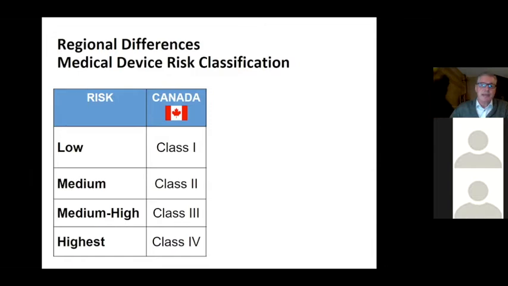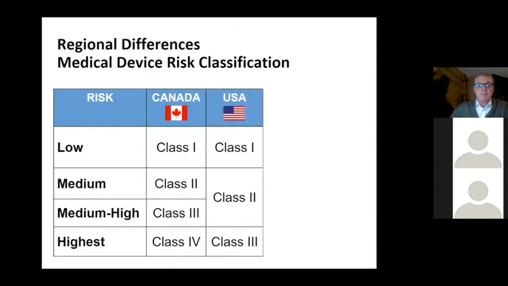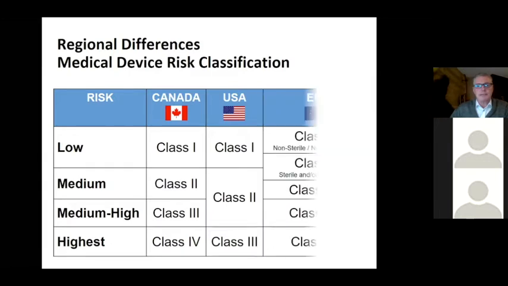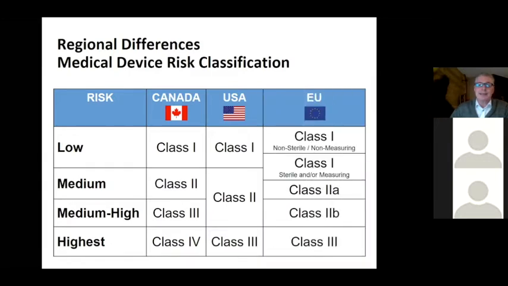When we look in Canada, you see that there's a 4-level class system ranging from low risk to high risk for medical devices. In the United States, it's similar in terms of the hierarchy, except there are only 3 different classes. And in the European Union, again, the hierarchy is similar. However, there are 5 different classes, including 2 different class 1s, 2 different class 2s, and a class 3.